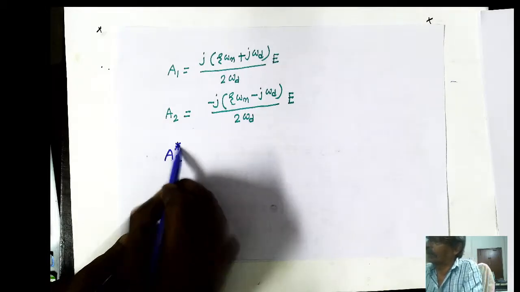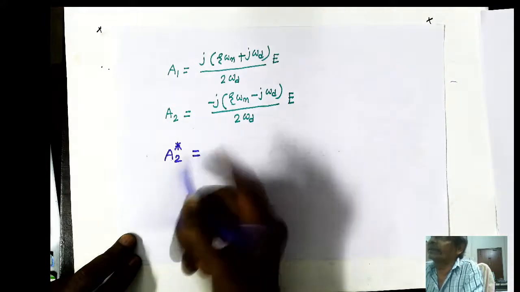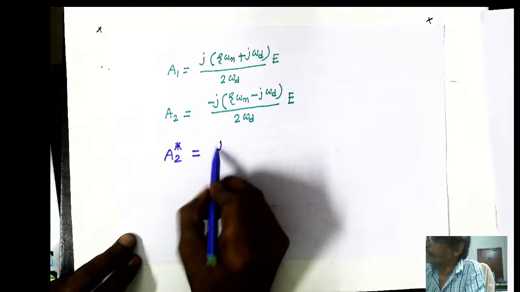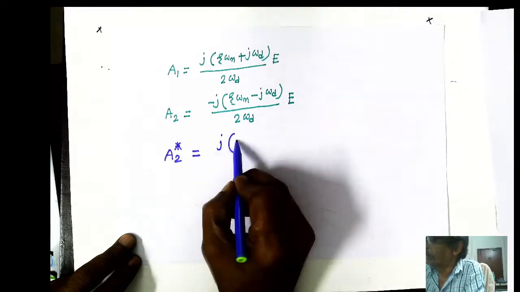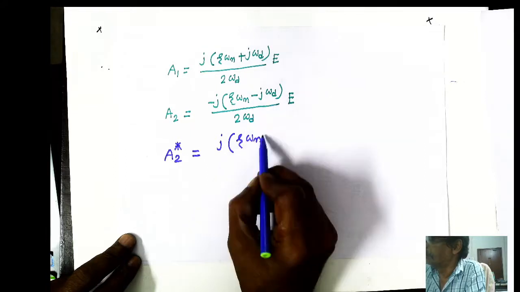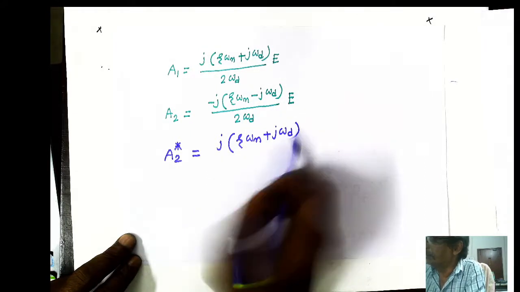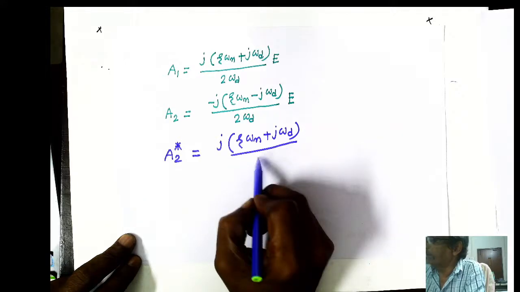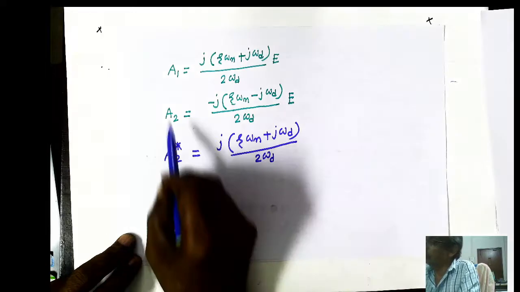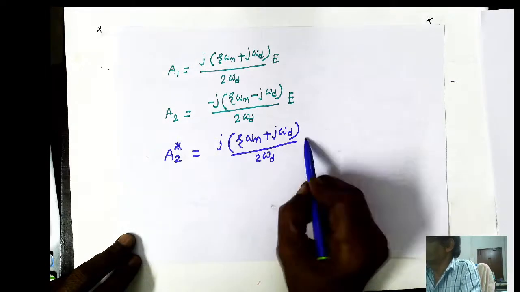Wherever j is there, reverse their sign. So it will be j zeta omega n. This minus j omega d will become plus j omega d, and divided by 2 omega d. So conjugate of A2 is this, and which is nothing but A1.